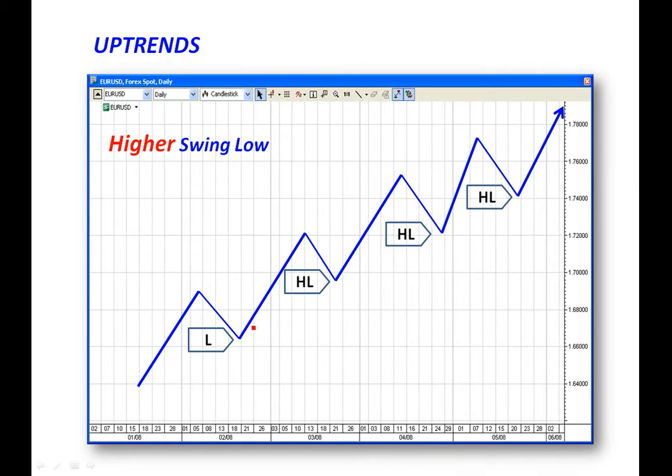The market moves up higher, retraces and moves up higher, retraces and moves up higher.